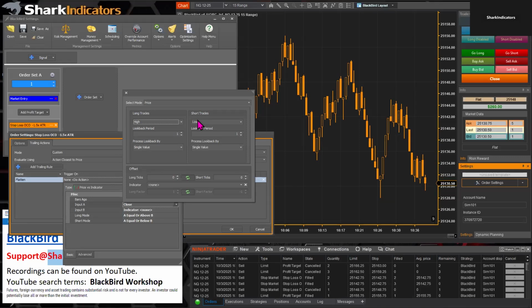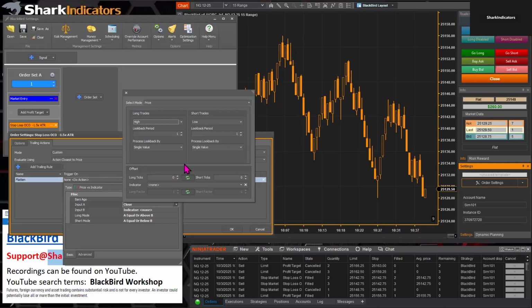So anyways, price. We want to compare the high price of the bar, and if you're in a short trade, you can see it automatically inverted the price for you. So if you're in a short, you'll be looking at the low price of the bar. And if you wanted to, you can even add a tick to the high price. So you can say the high actually needs to be one tick below that entry price, or 2 ticks below that entry price.